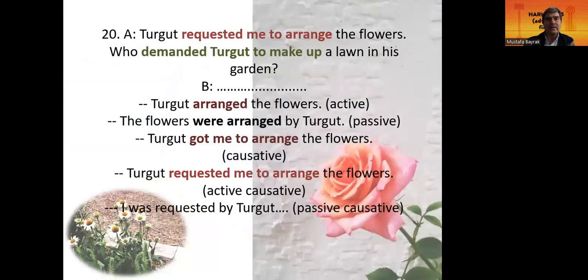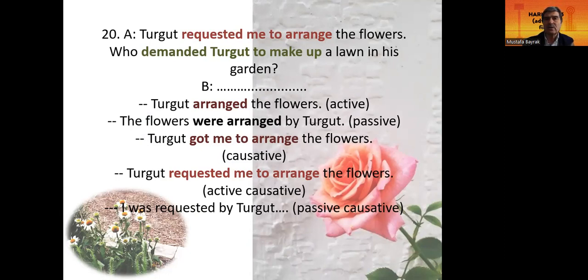Okay, 28. Turgut requested me. Yes, Turgut requested me to arrange. Requested me, asked me, wanted me. It really means wanted me politely. Okay.